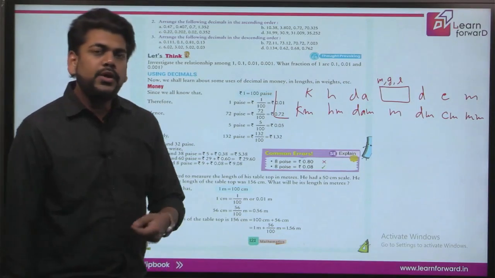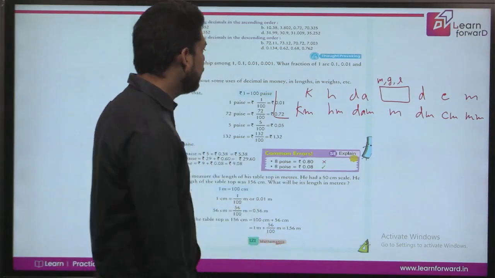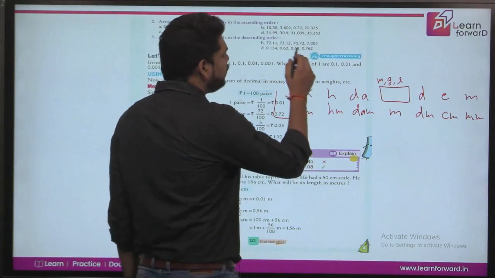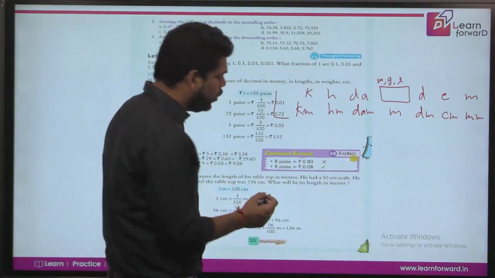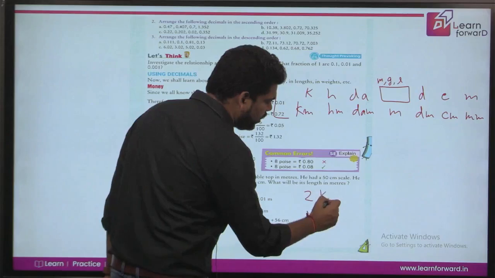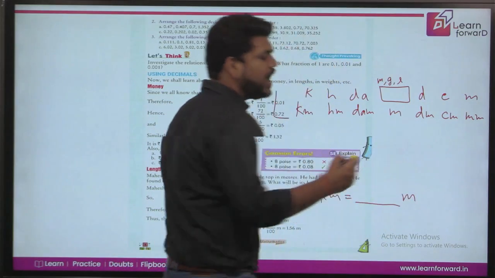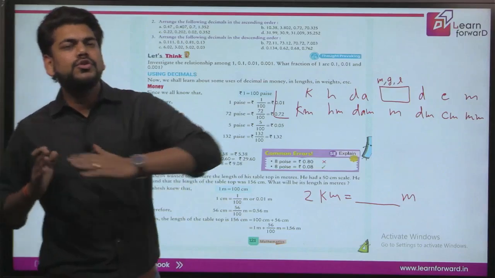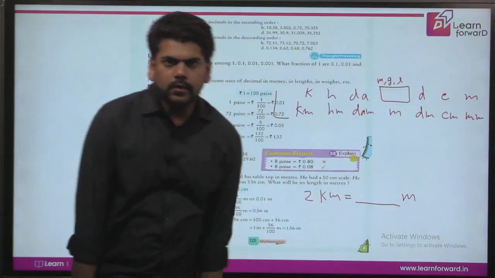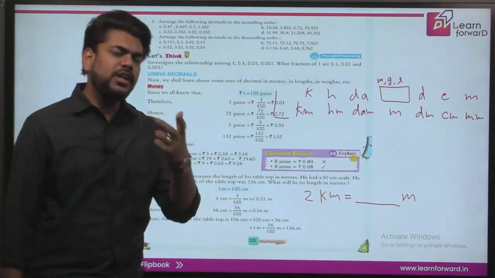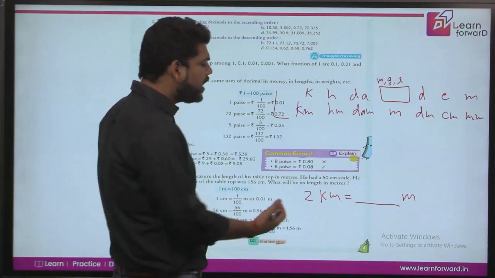Now what do we do and how do we calculate it? Let's suppose I have covered 2 kilometers. 2 kilometer, and the question is asking, tell me how much meter I have covered. If I have covered a distance of 2 kilometer on a morning walk, the question is asking how much meter you have covered. So how should I convert?